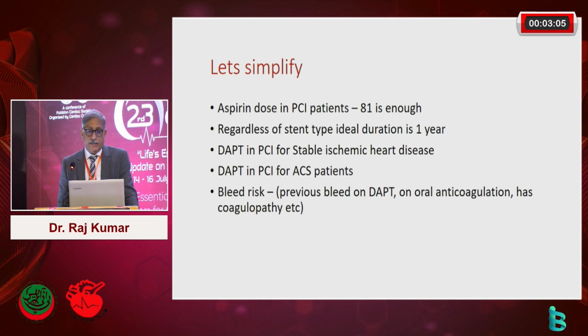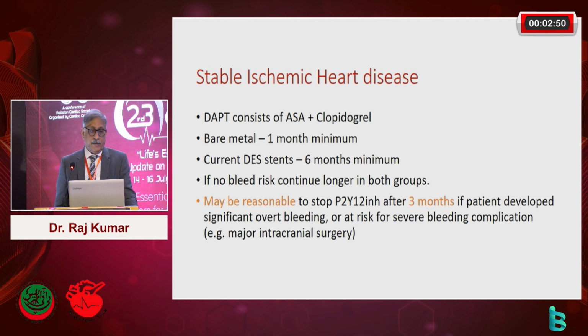Dual antiplatelet therapy in PCI for stable ischemic heart disease, and dual antiplatelet therapy in PCI for ACS patients: bleeding risk, previous bleeding on DAPT, and oral anticoagulant indication, coagulopathy, all should be considered. Stable ischemic patients receive aspirin and clopidogrel.